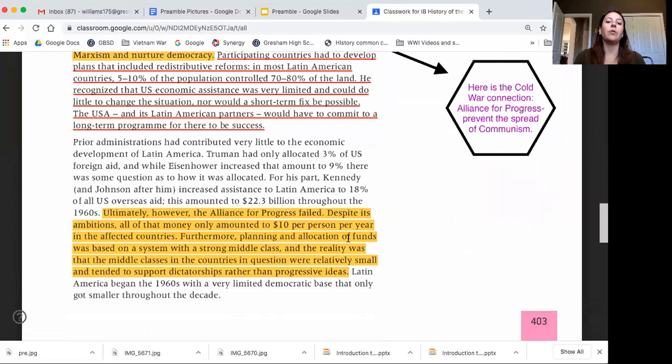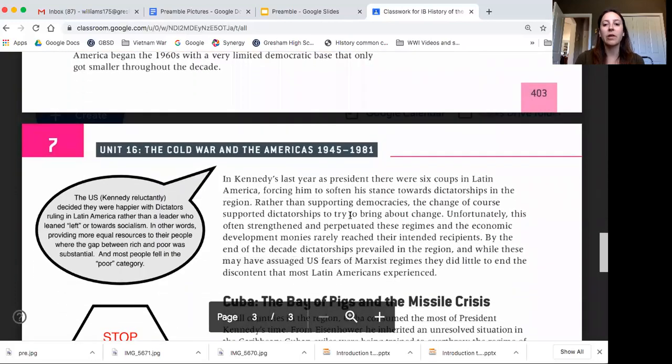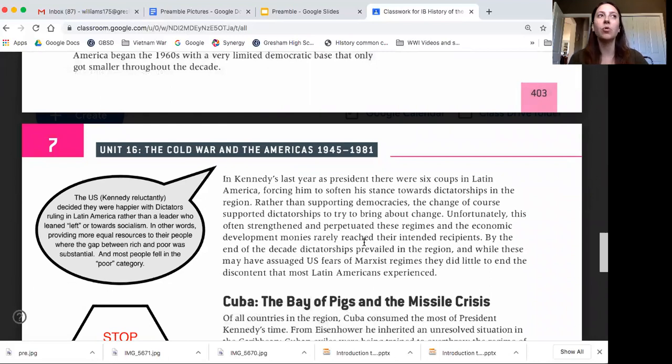So why did it fail? The reading talks about several different reasons why this didn't work. I'm going to let you read for those reasons, because that's basically your homework assignment. Also pay attention to this last paragraph here. We talked a little bit about how the United States was happier with dictators ruling these Latin American countries, rather than a leader who was a little more left-leaning or was trying to create a common field amongst all of the people living in their country.